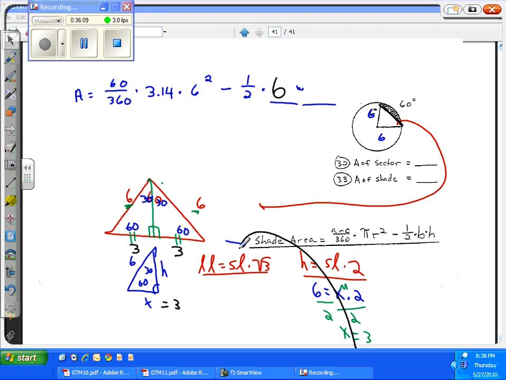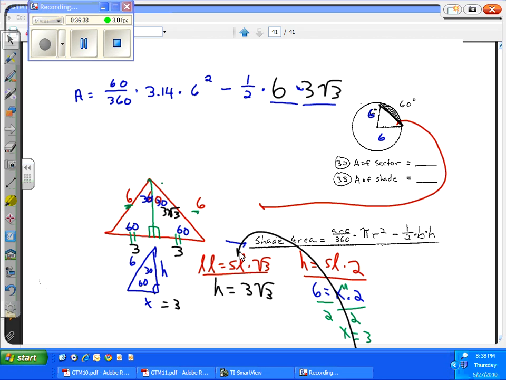We're going to put 3 in place of short leg to get long leg. So the long leg, which is the height, is equal to the short leg 3 times the square root of 3. And so the height is 3 square root 3. So we have all of the stuff we need to find the area of that shaded region.